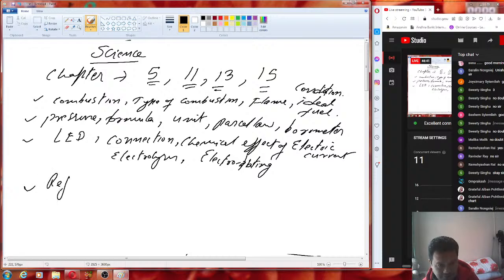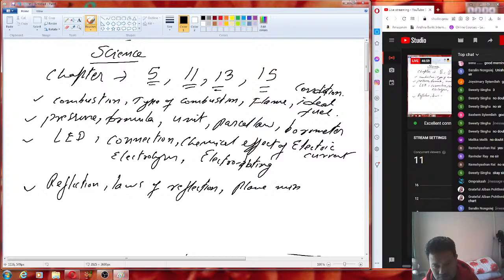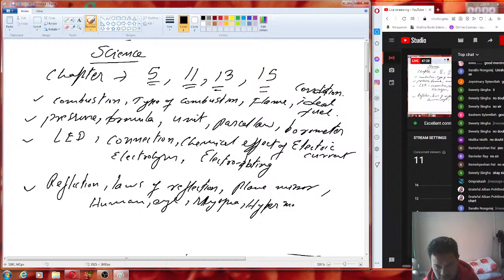Here you have to know most about reflection, then the laws of reflection, then about the plane mirror, the image formed by a plane mirror, a bit about the human eye, then defects of vision like myopia, hypermetropia, color blindness.